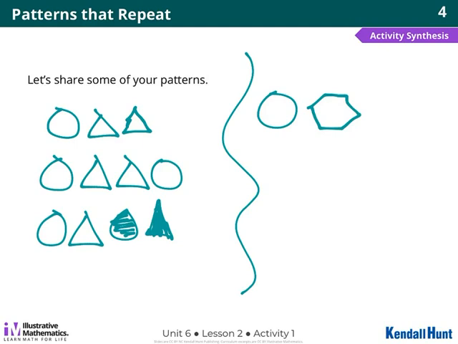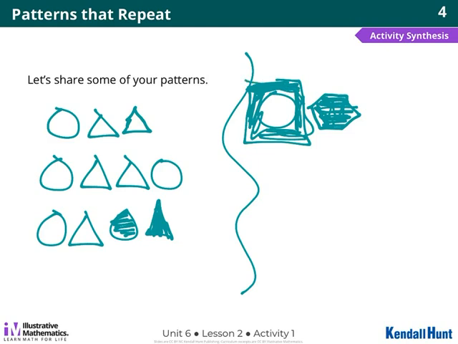Is that what you said? Yeah, so black on the outside of the circle, and then black on the inside of the hexagon. Oh, like you did the background, the rest of the box. Yeah, that's what I meant. Oh, very creative. Okay, let's hear one more.